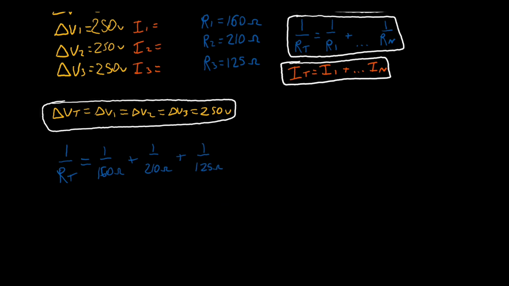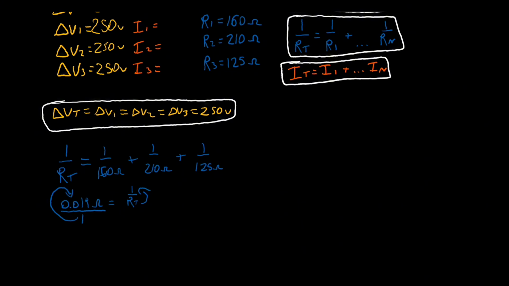Now the easiest way to do this is to just put it into your calculator. I always use brackets just to be safe. You should be getting 0.019 ohms, which equals 1 over RT. And now to find RT, we can simply find the reciprocal, making it RT over 1, which is just RT. And of course, we would have to do the same to the other side.